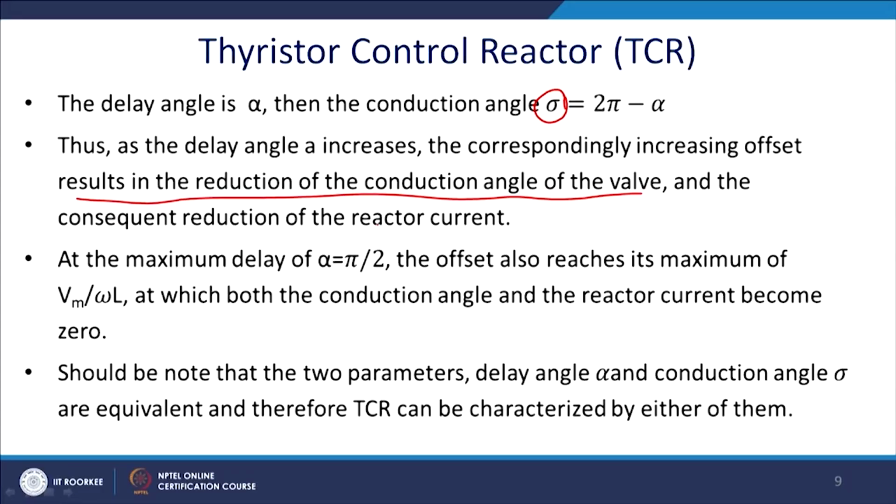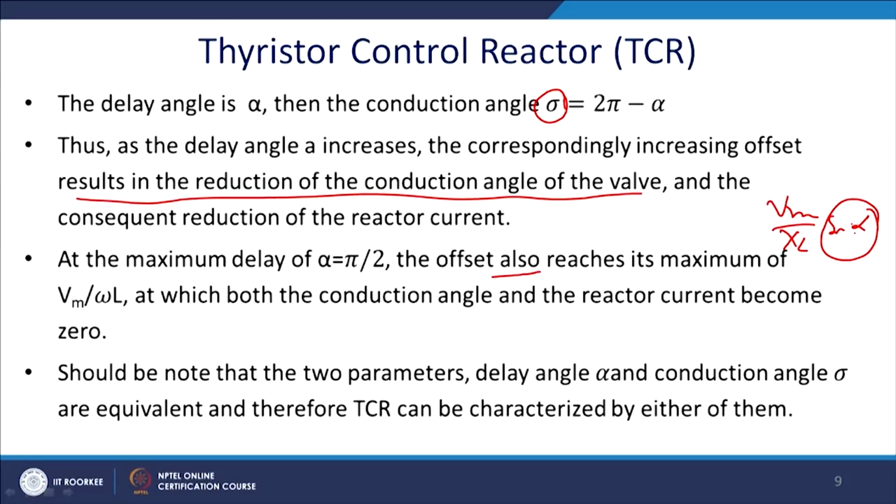At maximum delay, that means alpha equal to pi by 2, the offset reaches the maximum value, that is Vm by XL sin alpha, and if alpha is 90 degrees, then that value is maximum.